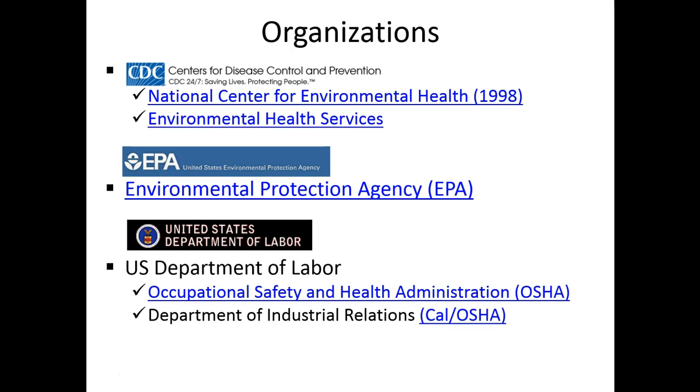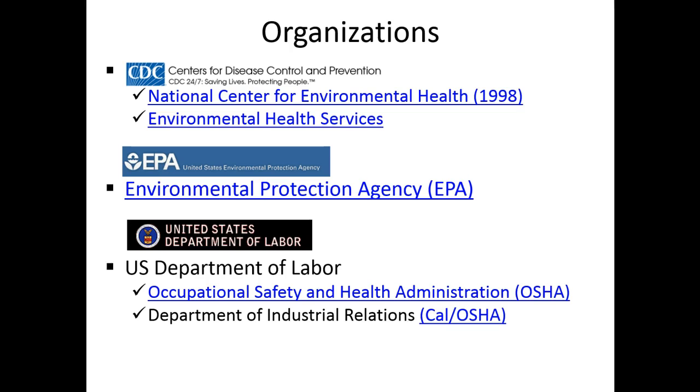There are many organizations that are important to environmental health. One is the National Center for Environmental Health, which is part of the CDC. Also with the CDC is the Environmental Health Services. Another organization, and I've mentioned this one before, is the Environmental Protection Agency.